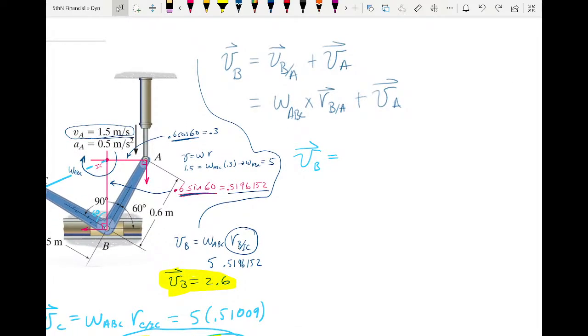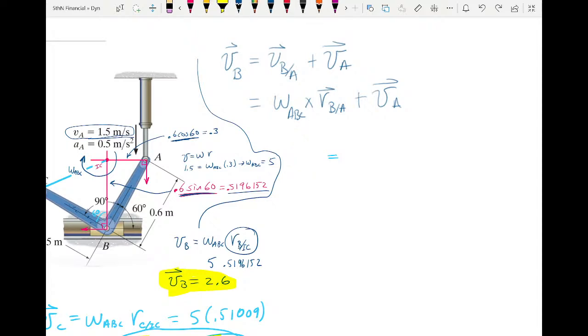So with this, we write our velocity of point B as the velocity of B relative to A plus the velocity of A. Sorry if I'm occasionally coughing during this.